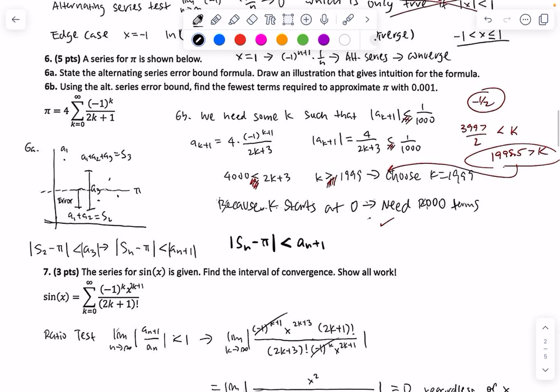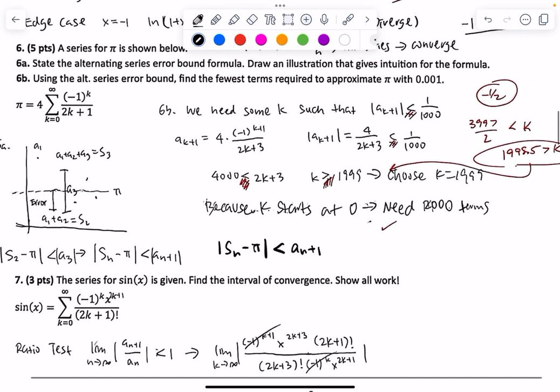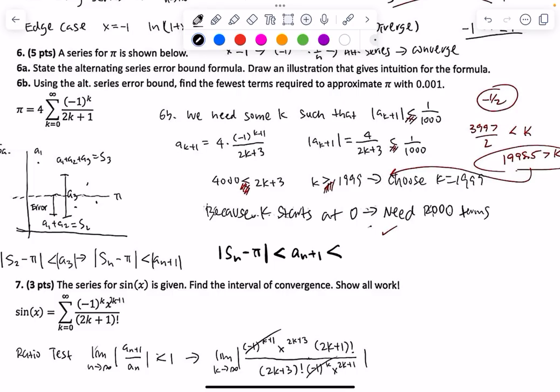And so in order for this to work, we need an plus 1 to be smaller than 1 over 1000, because we want to approximate pi with accuracy better than 0.001.